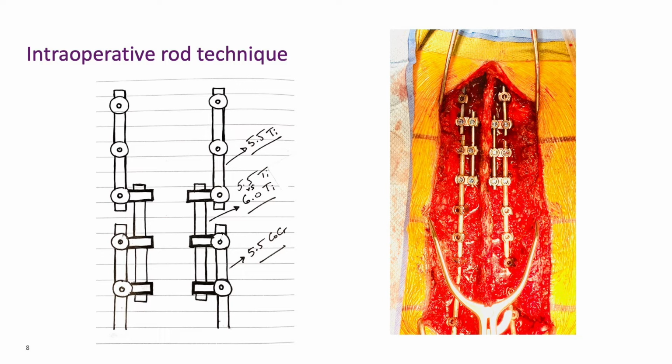But ultimately, where I see this heading in the future is, can we develop some sort of algorithm where we take into consideration things like the patient's bone mineral density and what their Hounsfield units are like on their CT scans, their corrective goals, their age, gender, all these other things, and factor that into better prescribing a material that's best suited for the patient, and how can we combine those materials to create the best biomechanically strong and biomechanically appropriate construct. So, Jeff, do you have any thoughts or questions or concerns regarding this?